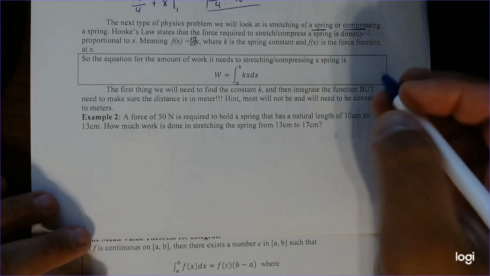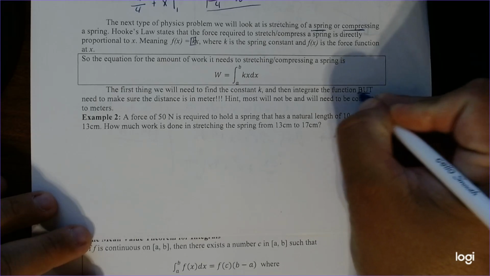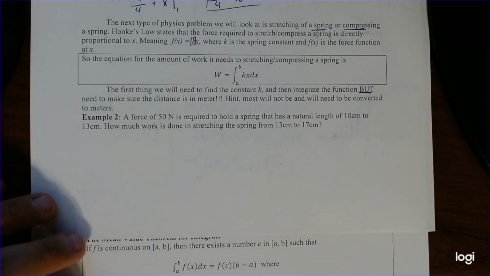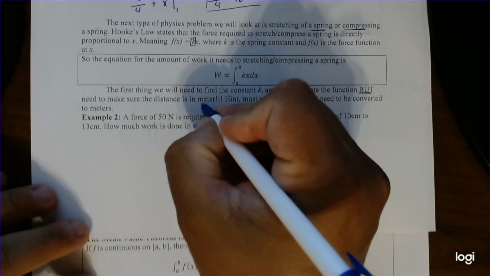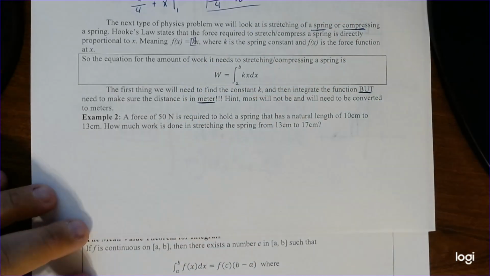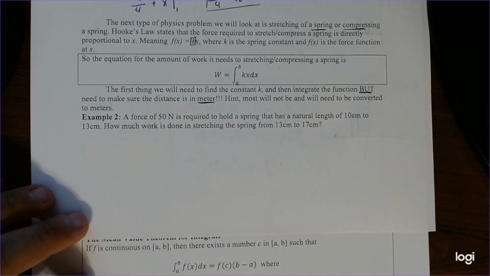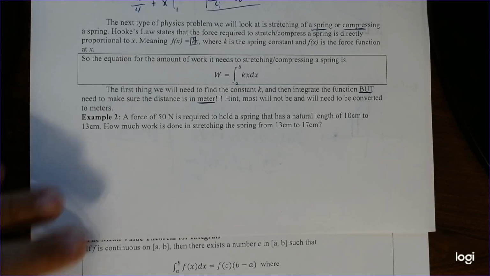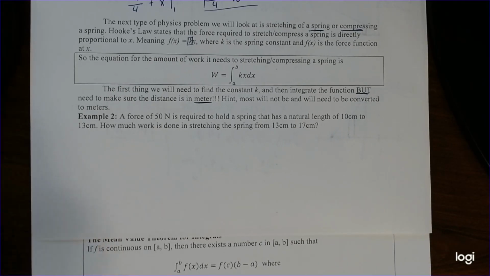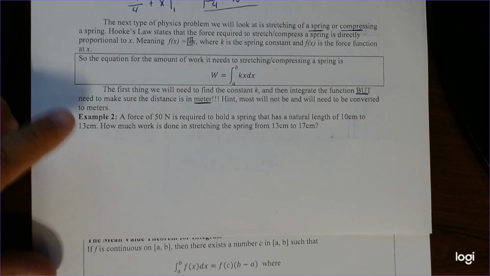But, and this is a huge but, the first thing we have to do is make sure the distance is always in meters. That's a key thing. In most cases it will not be, and we have to convert it to meters. They'll probably give you inches, feet, or centimeters, and you have to convert it. Hence the example we're about to see.